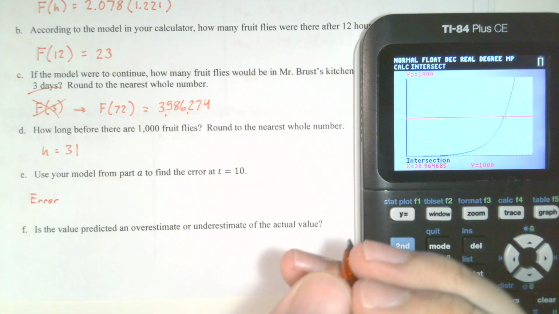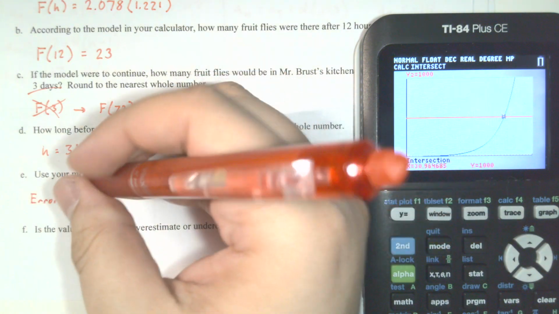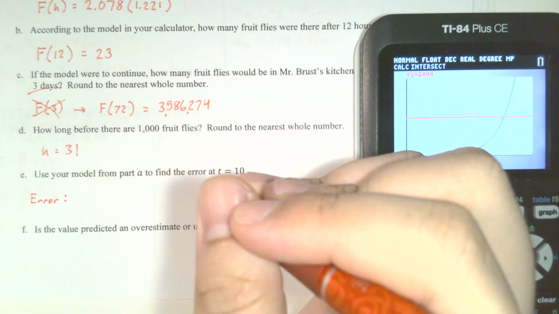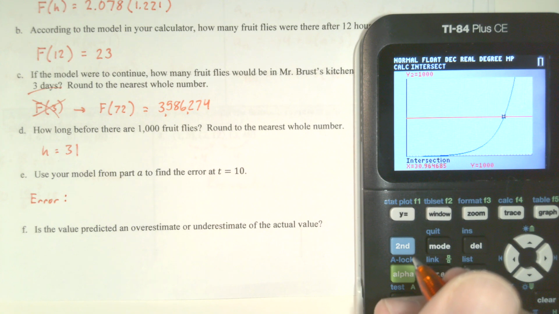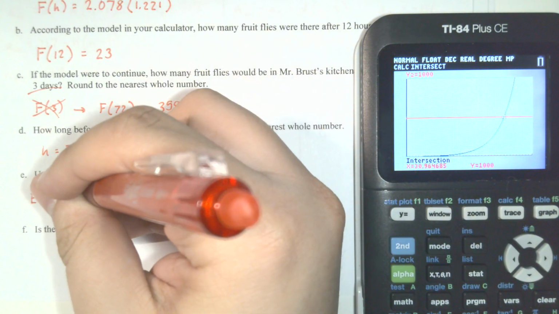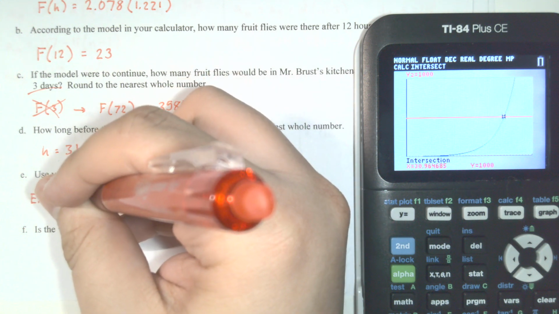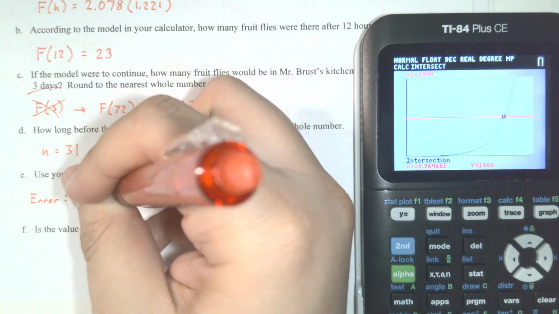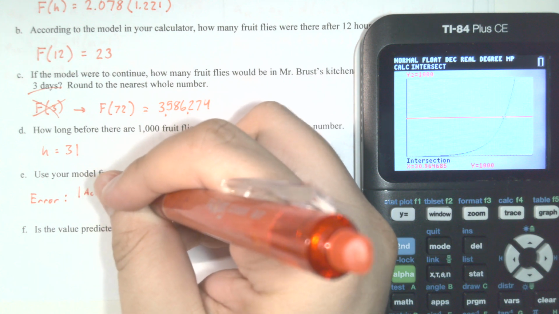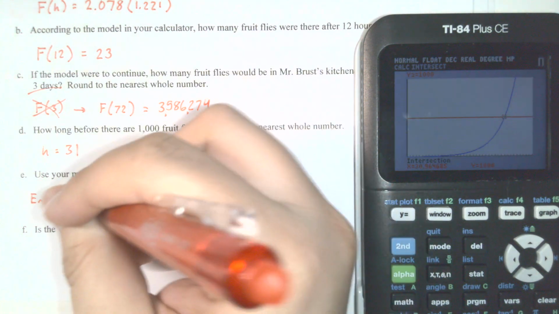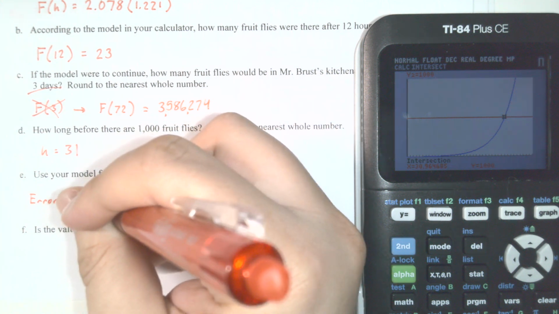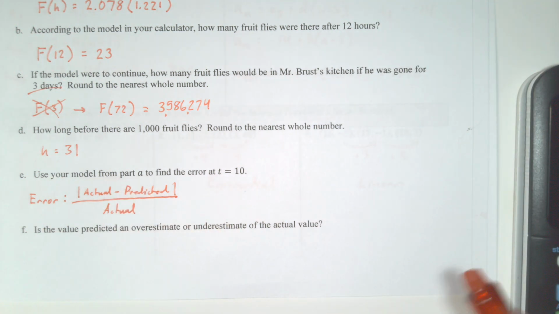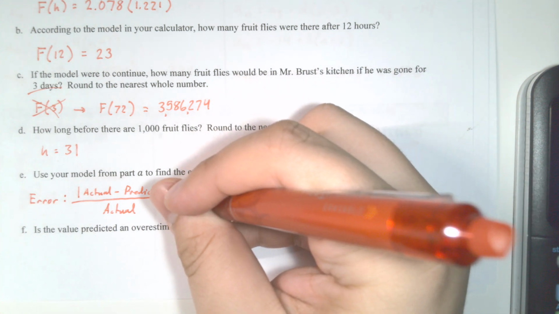If we give it as a percent error, it's going to be the absolute value of your actual value minus your predicted value, divided by your actual value, and then times 100.